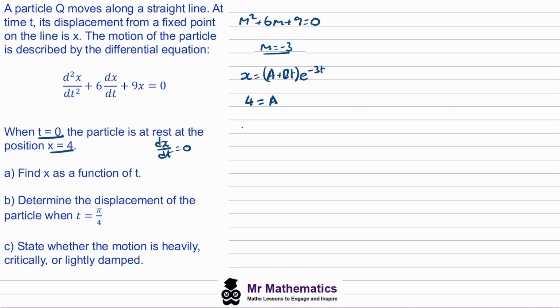I'll just rewrite the equation with that known value of a. And I think the easiest way to differentiate this is to use the product rule. So we'll let this be the u term and this one be the v term.